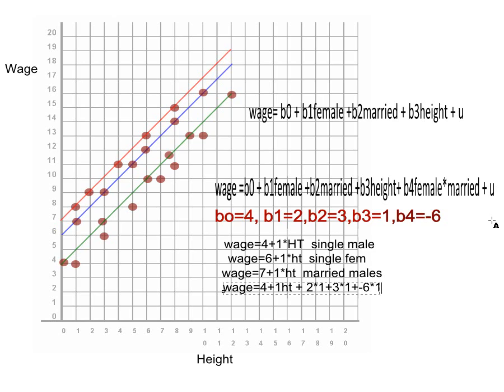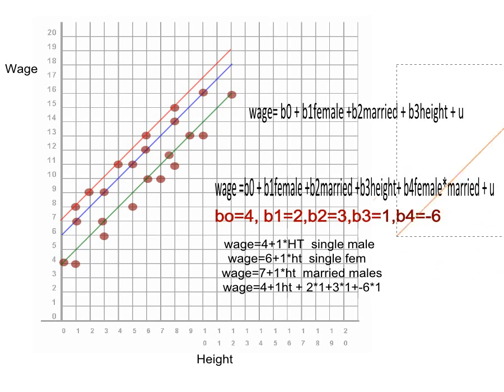Now let's look at what's going on here with an orange line before we collect all these together. Remember that a simple dummy variable like this, like all these, female, married, and female times married, we call intercept dummies. Because all that happens with these dummy variables is that it shifts the y-intercept up or down.